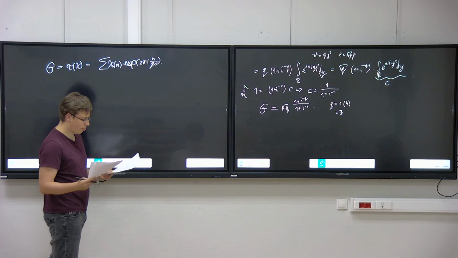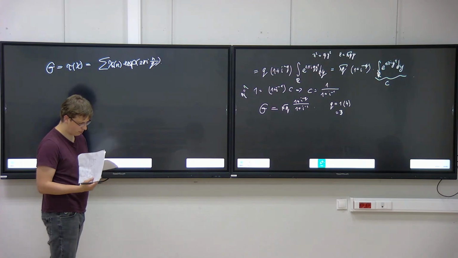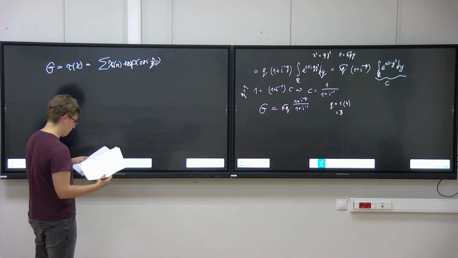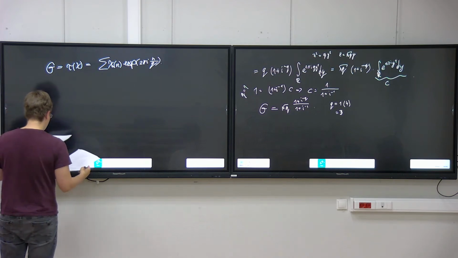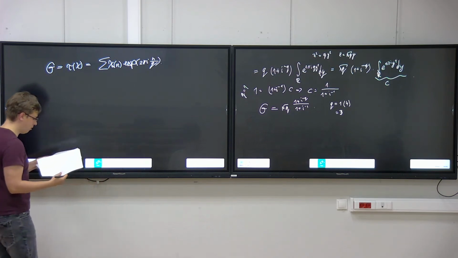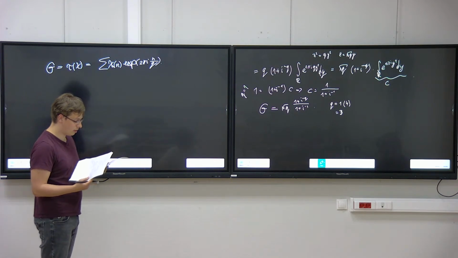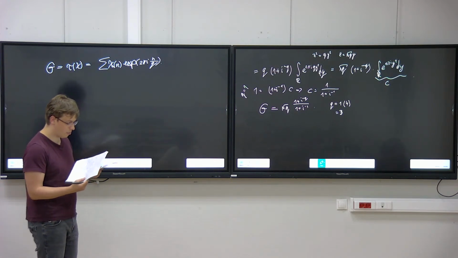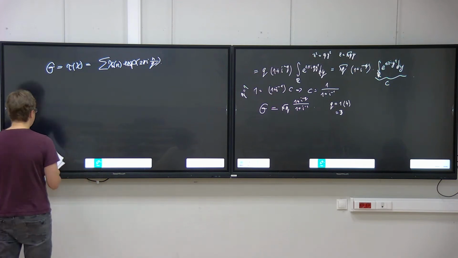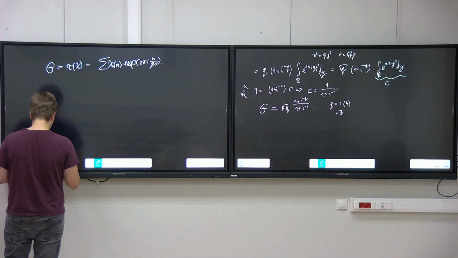Let me comment on the last problem. We want to compute, if chi is a character modulo a prime number, its value at 1.